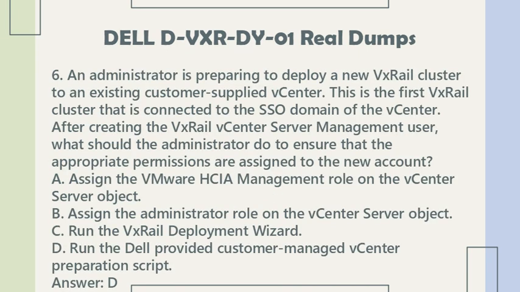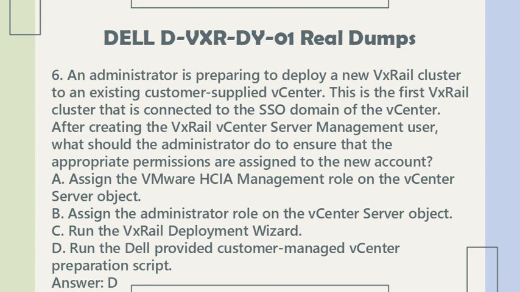6. An administrator is preparing to deploy a new VxRail cluster to an existing customer-supplied vCenter. This is the first VxRail cluster that is connected to the SSO domain of the vCenter. After creating the VxRail vCenter server management user, what should the administrator do to ensure that the appropriate permissions are assigned to the new account?